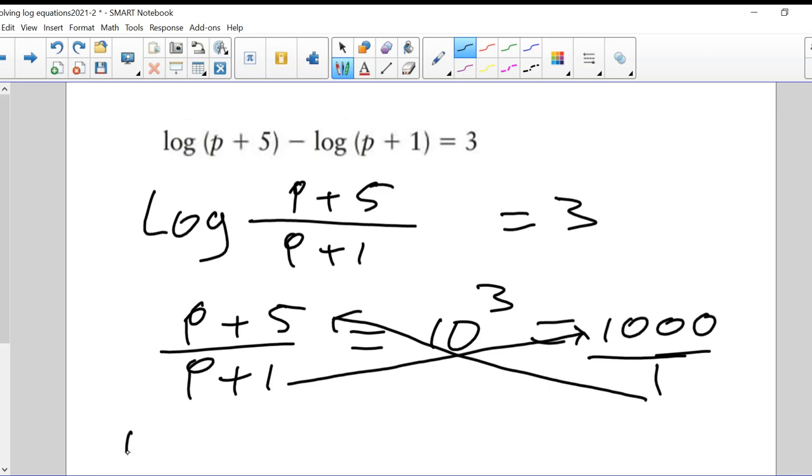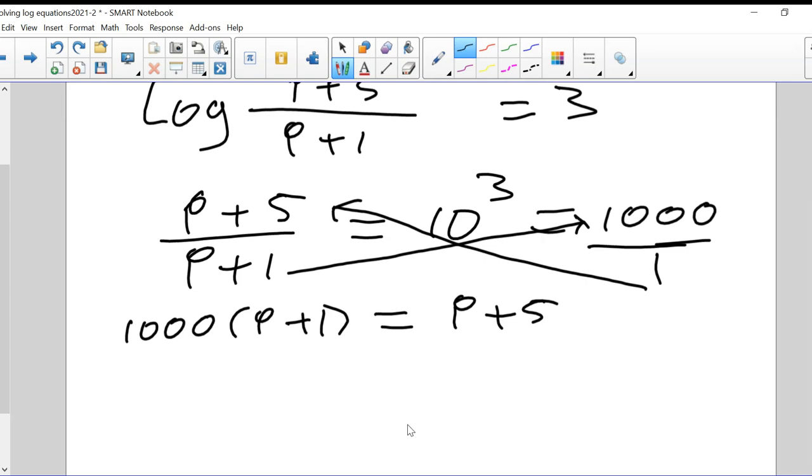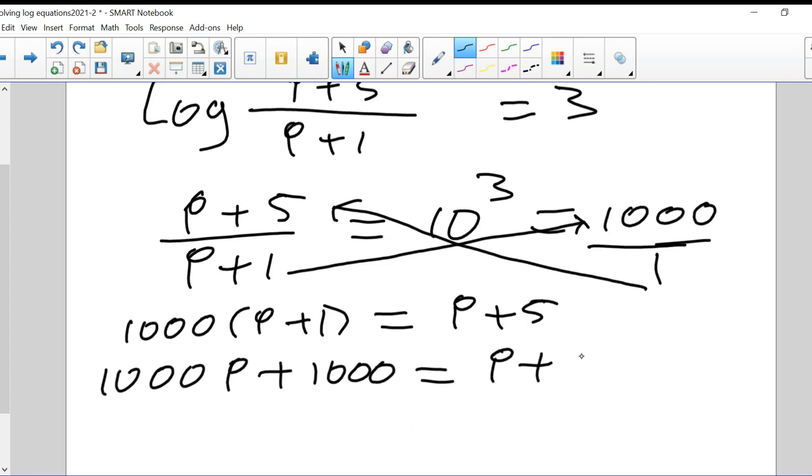So it's going to be 1,000 times p plus 1 is equal to p plus 5. 1 times p plus 5 is just p plus 5. Or 1,000p plus 1,000, I'm just expanding that, is equal to p plus 5.